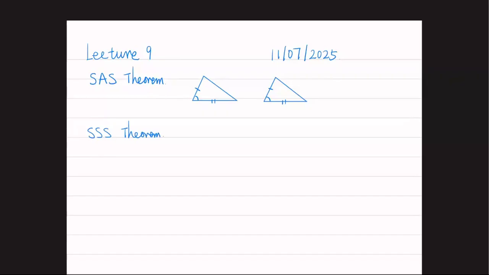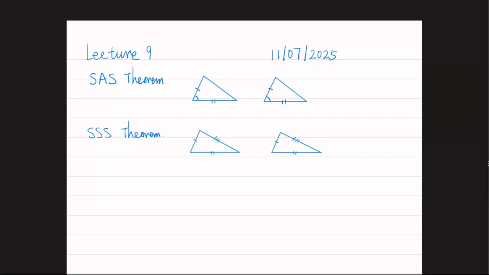Amy, can you tell me what this theorem is about? So if all the sides are the same length, then the two triangles are congruent. Okay, so if we have first pair, second pair, and third pair.